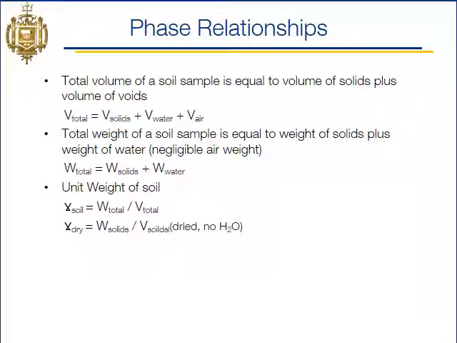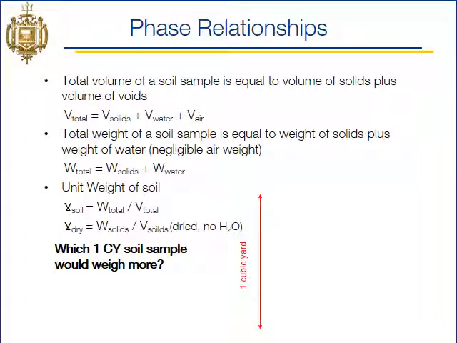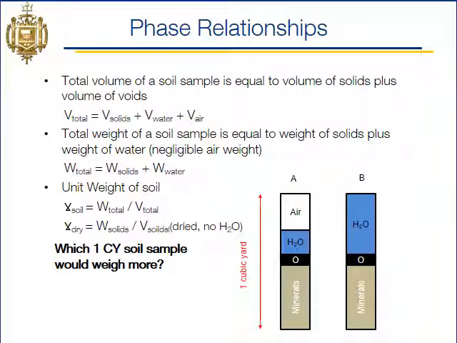All right, so let's do a quick question. We've got some soil samples, each 1 cubic yard. Which one is going to weigh more, A or B? If we analyze these real quick, A and B have the same amount of minerals and organic matter and the same amount of voids, but in B, all of the voids are filled with water, and in A, some of the voids are filled with air.